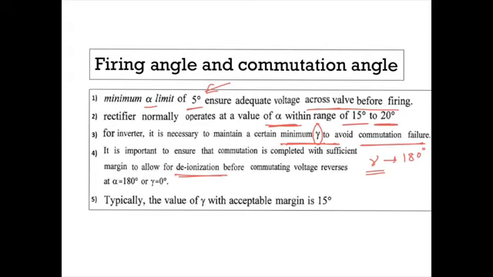So it is important that the outgoing SCR gets turned off with sufficient time margin, or we can say that the outgoing SCR should be given sufficient time for deionization before the commutating voltage reverses at, say, alpha equal to 180 degrees or gamma equal to 0 degrees. The typical value of this extinction angle is generally set close to 15 degrees for satisfactory operation of the inverter.